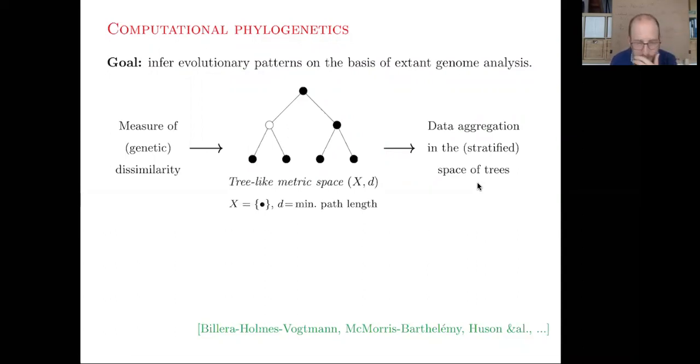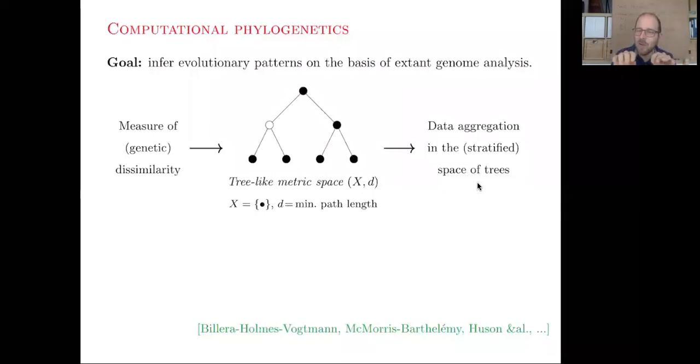It goes like this: you have a set of species that you want to study and know who has evolved from whom. Now you look at DNA sequencing of these genes. You choose your preferred gene and look at how this gene appears across all the species. I am told that biologists have ways to say that two appearances of the same gene are similar or not so similar, and you can quantify the dissimilarity.